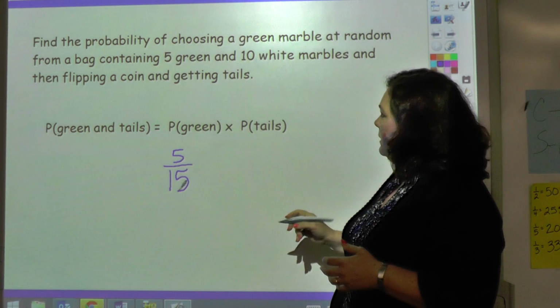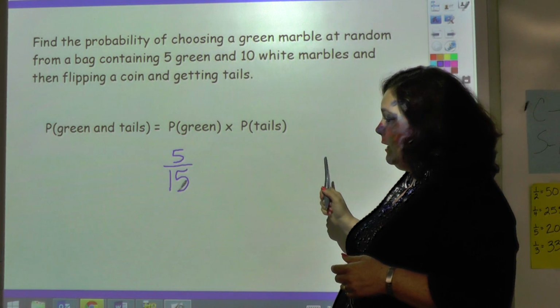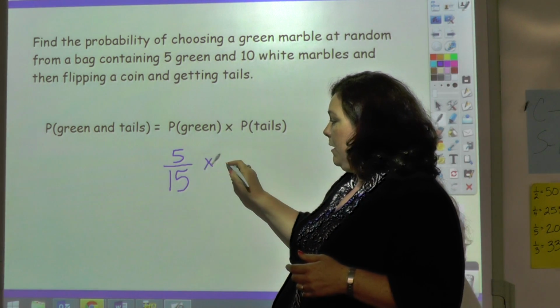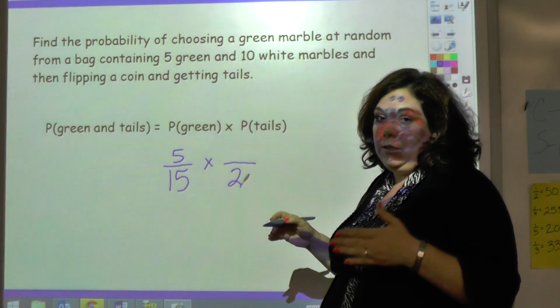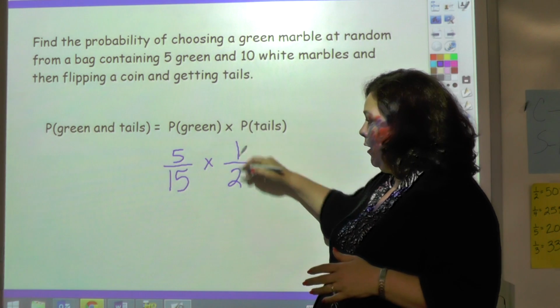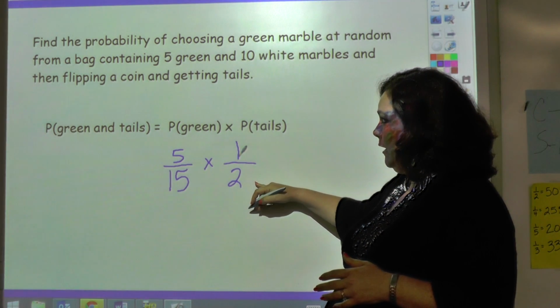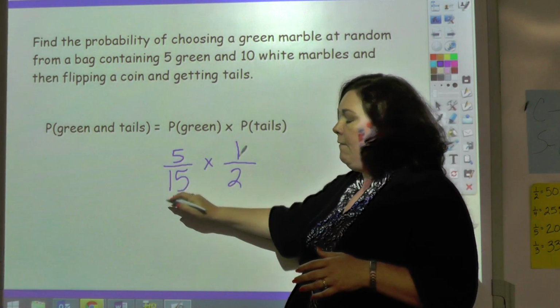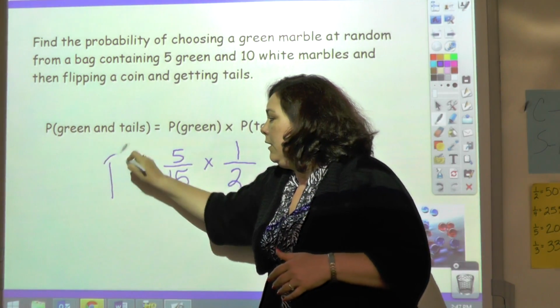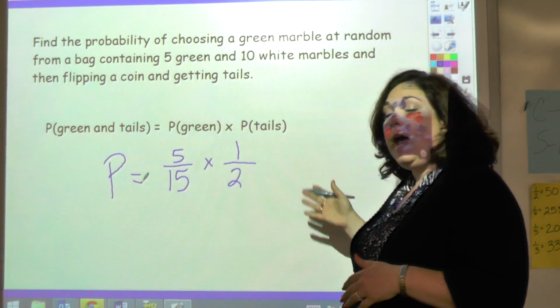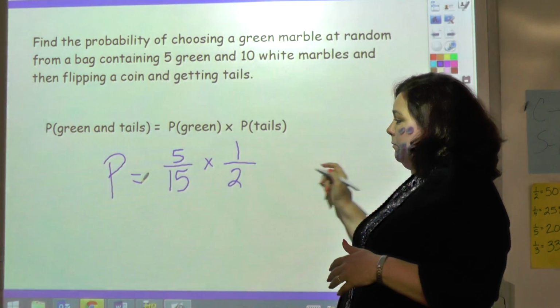And then it says flipping a coin and getting tails. With flipping a coin, there's only 2 possible, and tails is one of those. So 1/2 is the probability of getting tails, and 5 out of 15 is the probability of getting green. Now to find the probability of exactly this happening, you multiply it together.